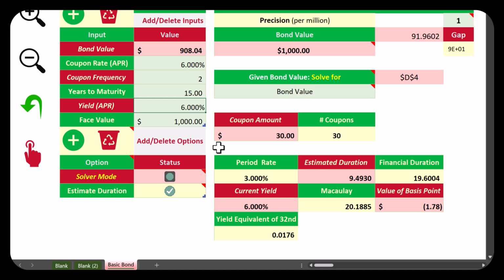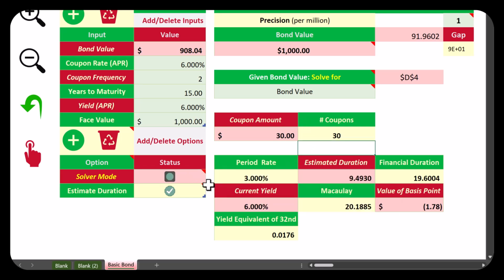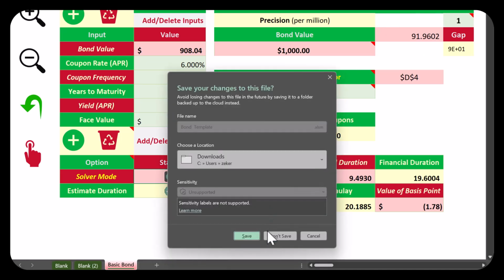The issue is, for example, why is this bond value 908? It shouldn't be. There's something wrong. Oh, I know. Let me save this.